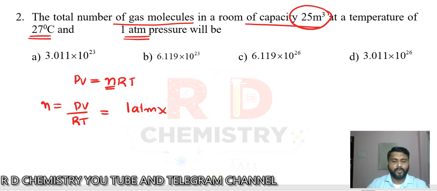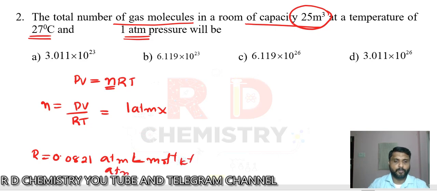Correct. Now the R value I can write as 0.0821 in terms of atmosphere liter per mole per Kelvin, correct? 1 liter is equal to 1 dm cube. That means if I want to use atmosphere with dm cube, I need to convert 25 meter cube into dm cube.